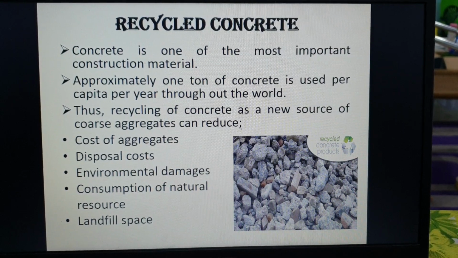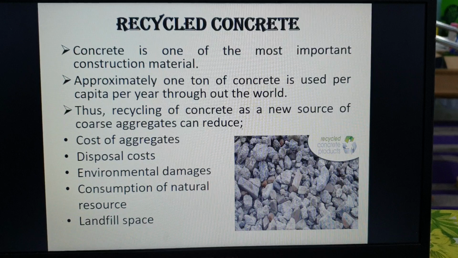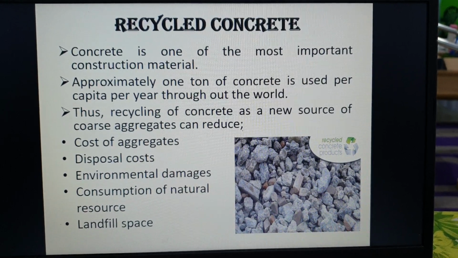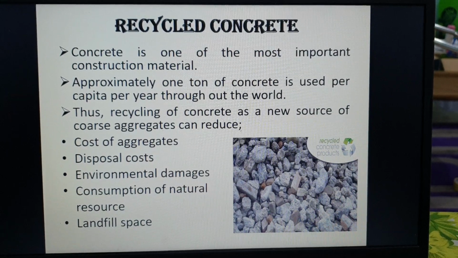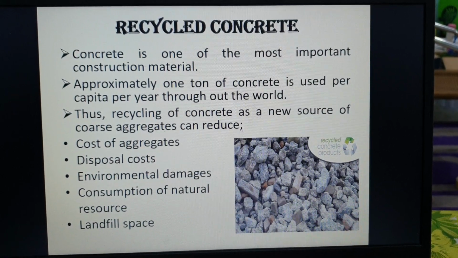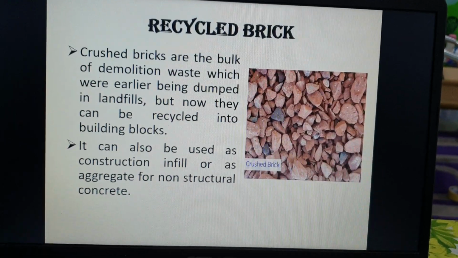This is the most important construction material. Approximately 1 ton of concrete is used per capita per year throughout the world. Thus, recycling concrete as a new source of coarse aggregate can reduce aggregate cost, disposal cost, environmental damage, consumption of natural resources, and landfill space.